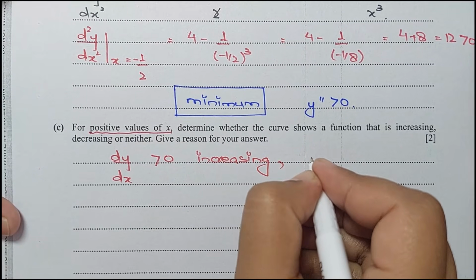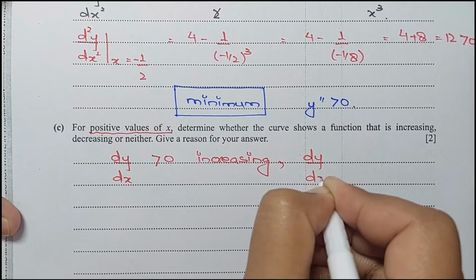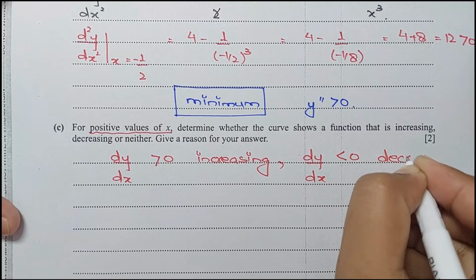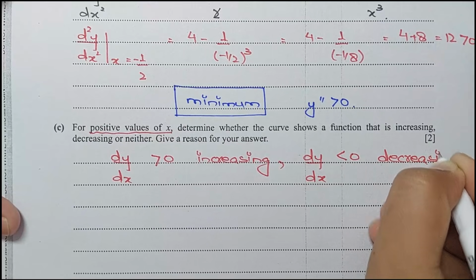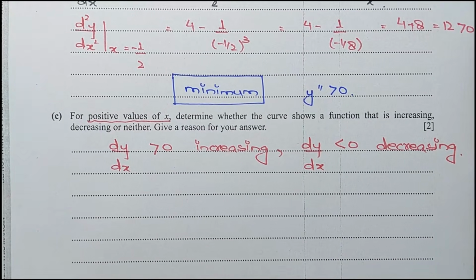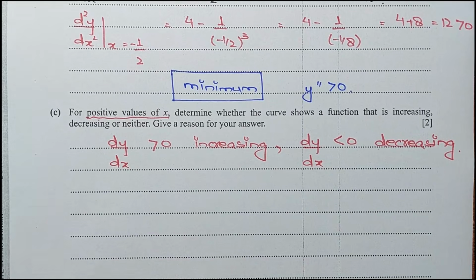And when dy/dx is less than 0, the function is decreasing. And when there is neither behavior, it is neither. So increasing and decreasing deal with the first derivative.